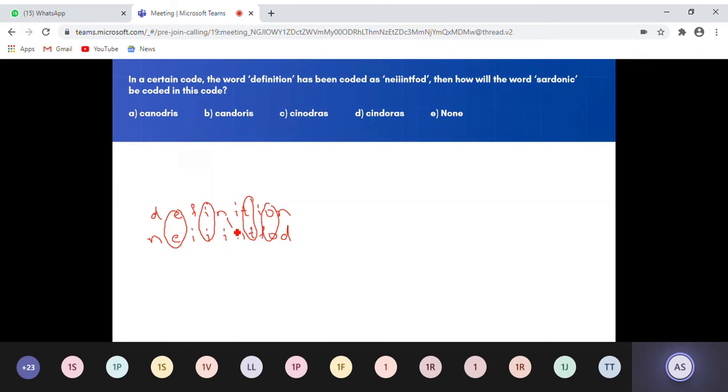And here what we see, they have exchanged this, and this has come here, and O has come, I has come here, and the last letter has been swapped. So similarly, for sardonic, the middle ones have been swapped, O and D.